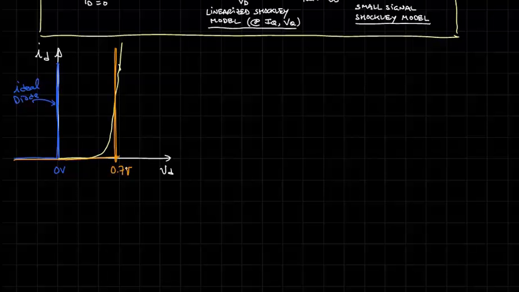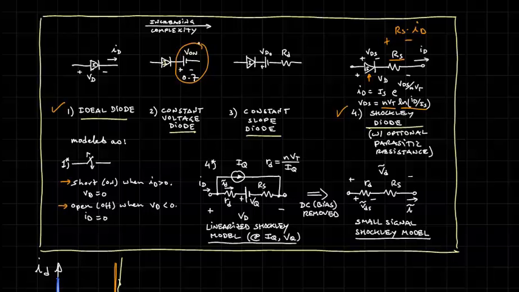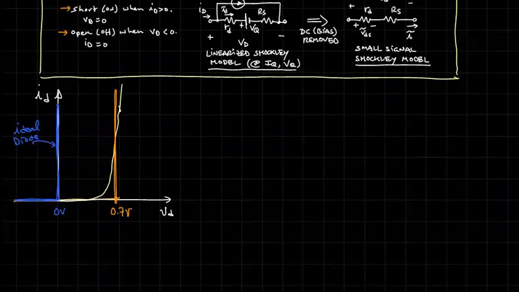So we do that by adding a voltage, or a battery, in series with an ideal diode. Notice here I've got the little I for ideal. So that's one step closer to reality from a purely ideal diode.